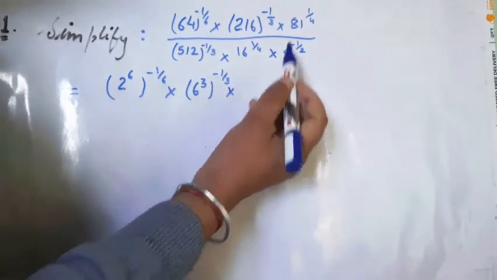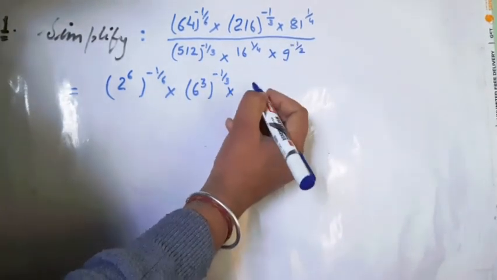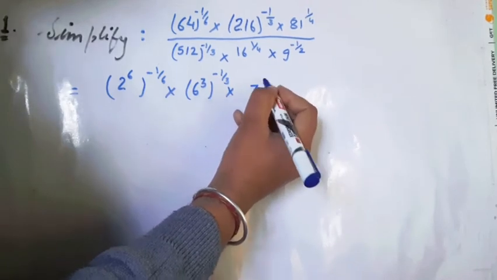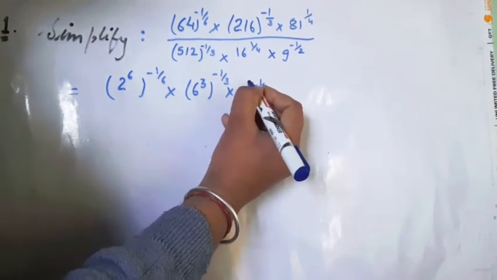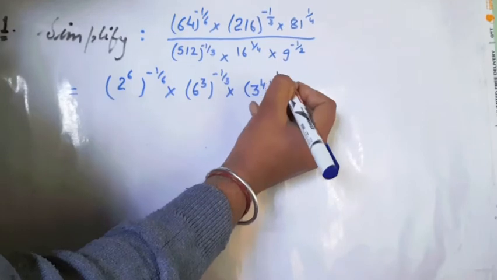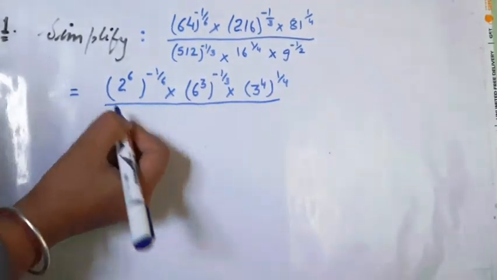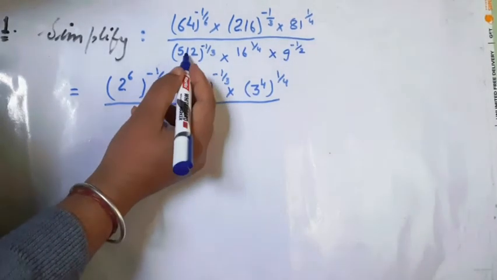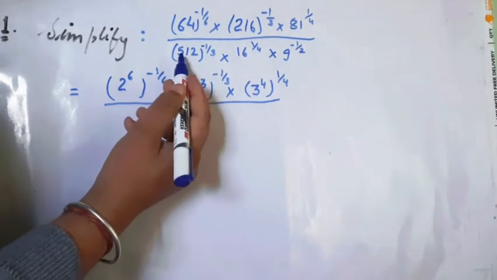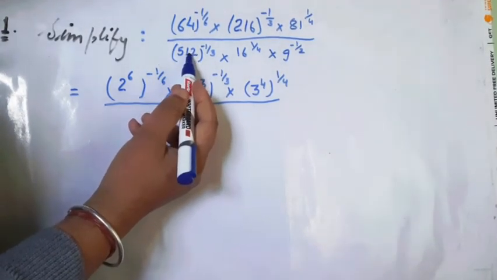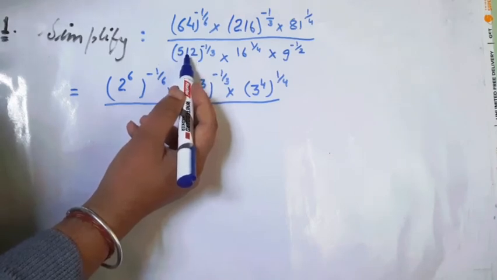Multiply by 81, which can be written as 3 raised to power 4 and whole power is 1 upon 4, whole divided by 512, which can be written as 8 raised to power 3, and you can write 2 raised to power 9 also.